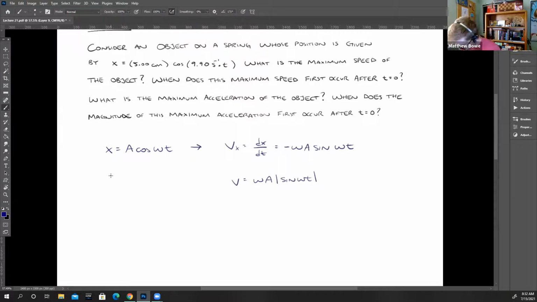Something I'll write a note of on the side over here is the maximum speed. For that first part, we want to find the maximum speed.